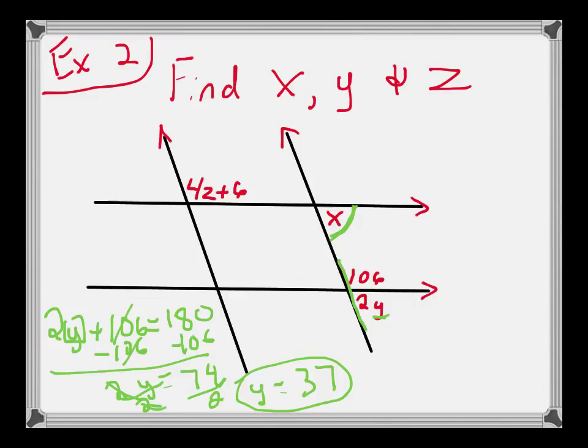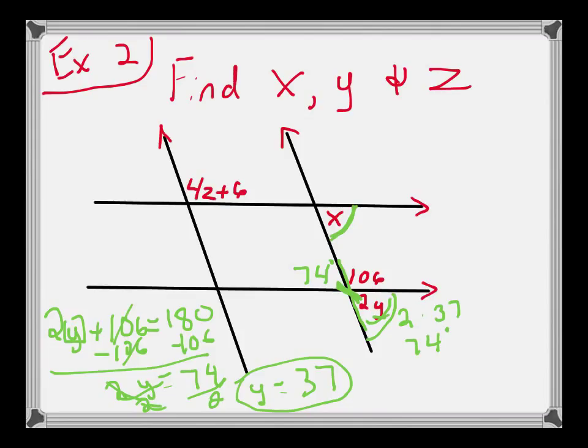If I use the vertical angle theorem, I may have to use y, come to think of it. Plug in 37 for y. You got 2 times 37, which is 74. So this angle measure is 74 degrees. What I'm going to do is use vertical angles and label this as 74 degrees.